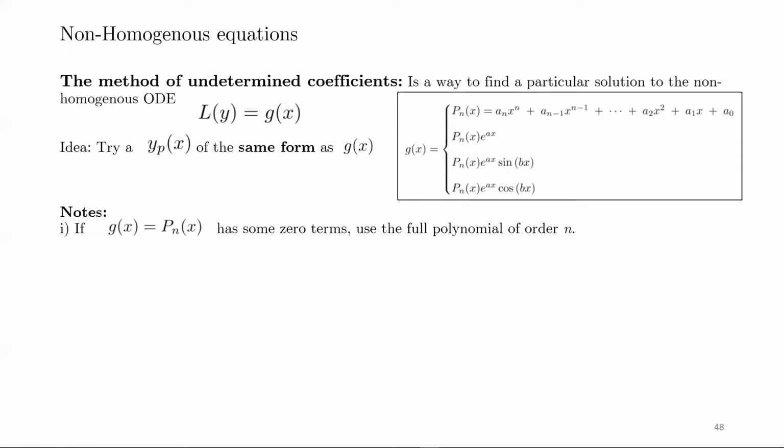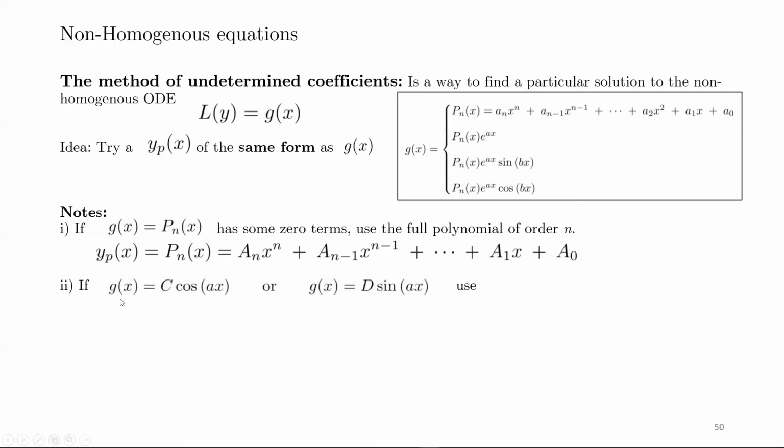We still need to include those lower order terms in our test solution, and we'll show some examples of that soon. So y of p, the particular solution, should still be the nth order polynomial, even if some of these terms are missing in g of x.